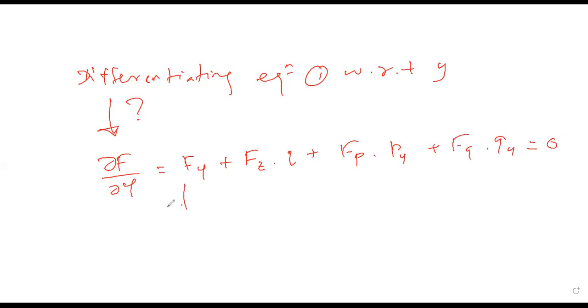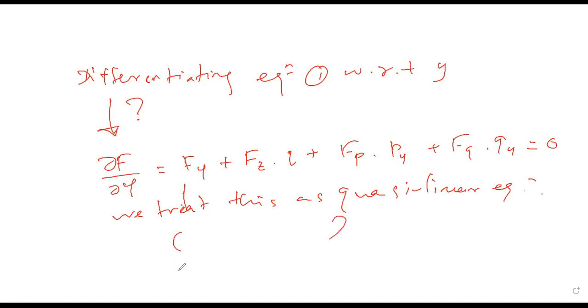If you then write, we treat this also as a quasi-linear equation. So write down the quasi-linear equation form, then the auxiliary equation, same things.